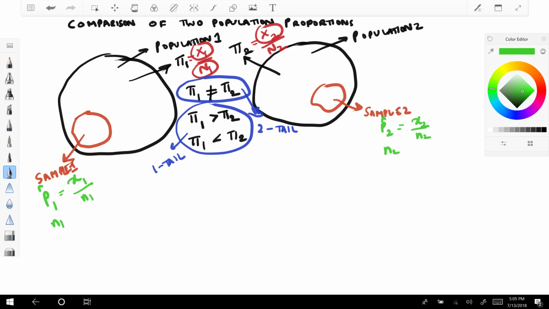So once we have this, we can try to write these as we wrote in our previous lectures, as a difference. So I can say this is pi 1 minus pi 2 not equal to 0.